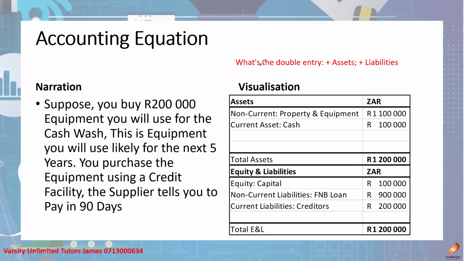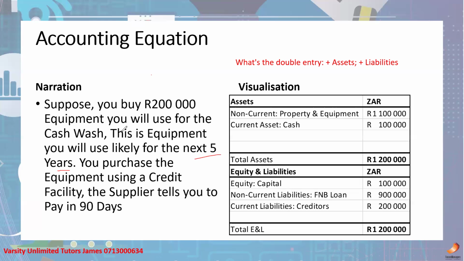You go a step further. You decide that you also want equipment. You want some vacuum cleaners, some pressure washers, a lot of equipment. And this equipment is durable equipment, which you can use for the next 5 years. But you don't have cash right now for that equipment. You only have 100,000 in the bank. But you go and negotiate with the supplier, maybe it's Builders Warehouse.